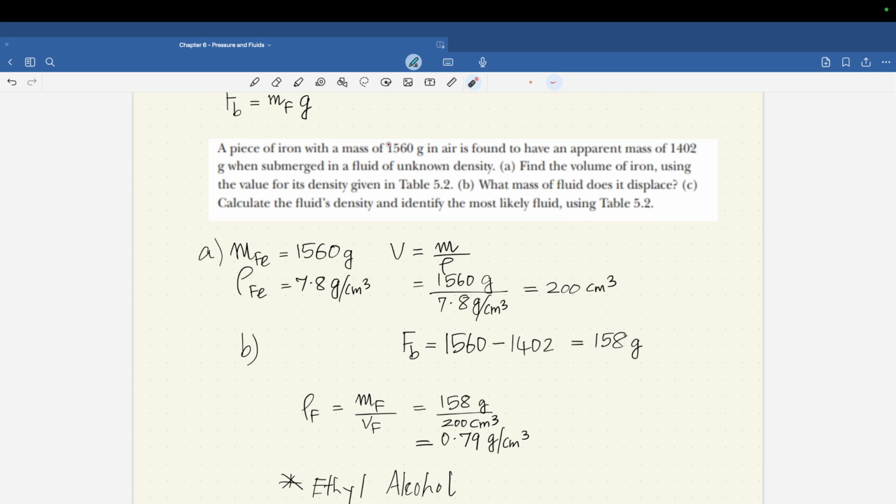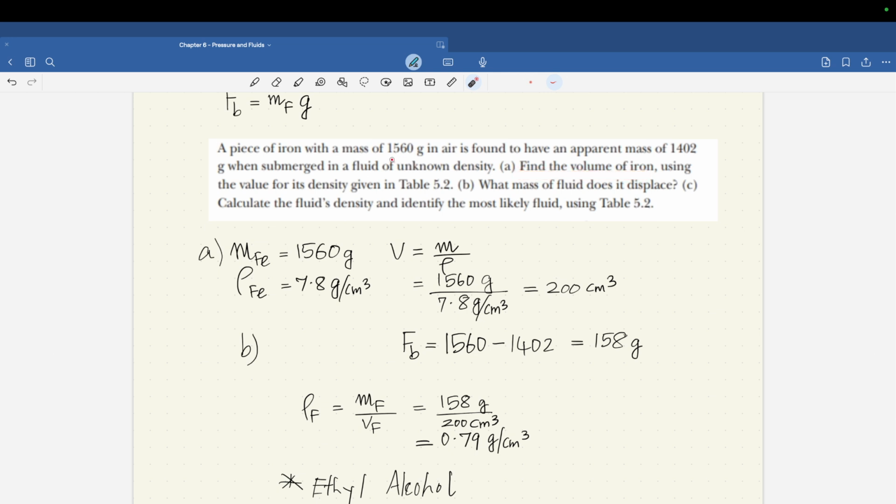Okay, so we know that the buoyant force must be the difference between the two. I've actually done that here. But first the question is, find the volume of iron.